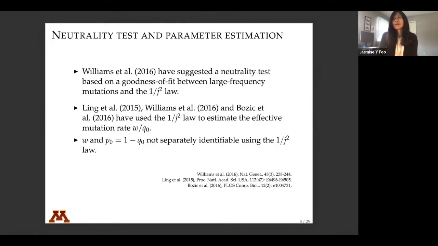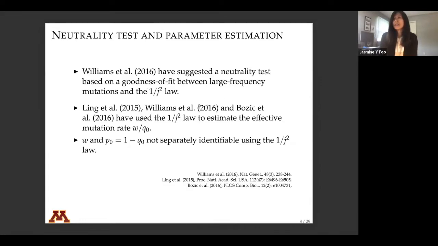Okay, so in terms of application, Williams and colleagues in 2016 suggested a neutrality test for tumor evolution, based on a goodness of fit between the large frequency mutations of the SFS and the 1 over j squared law.